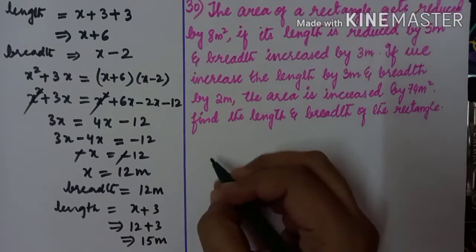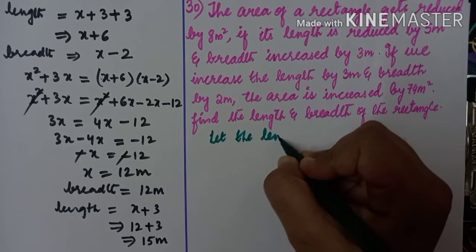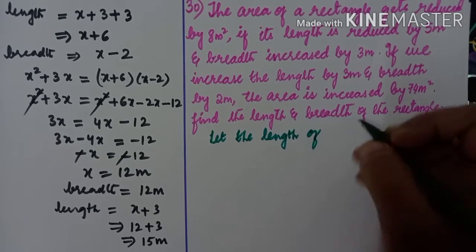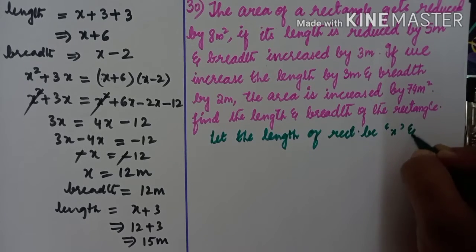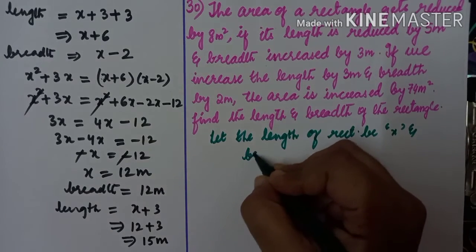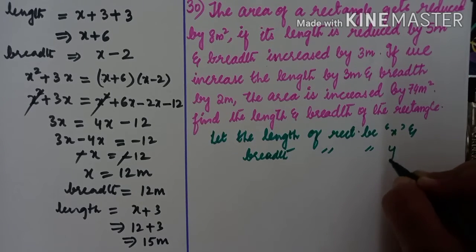So first of all, what you are writing in the first step: let the length of rectangle be x. Length you are assuming as x and breadth of rectangle be y.